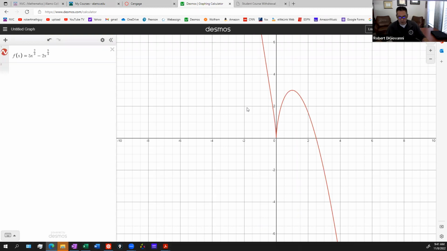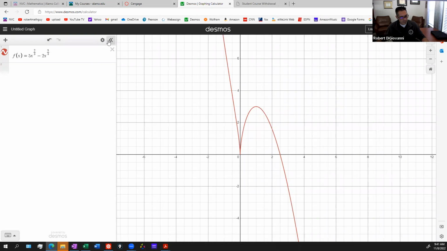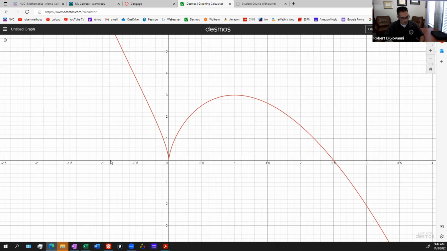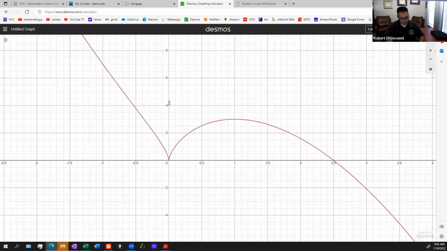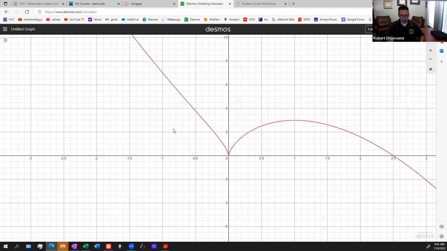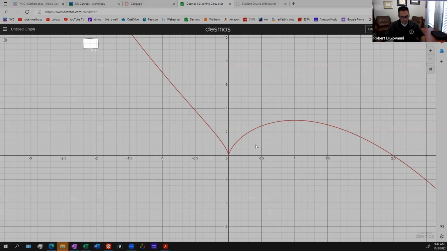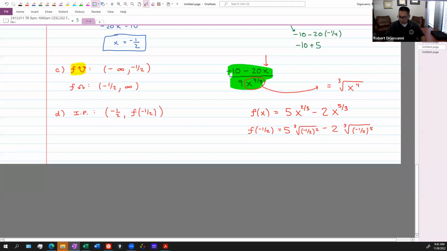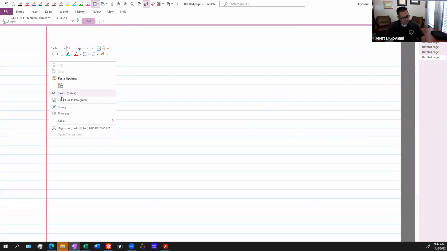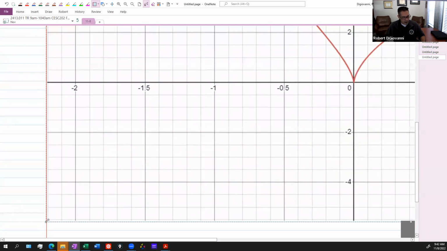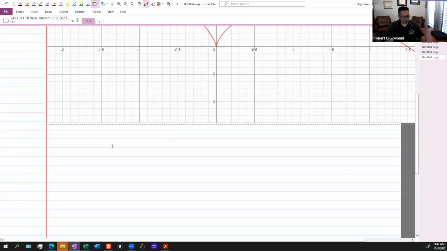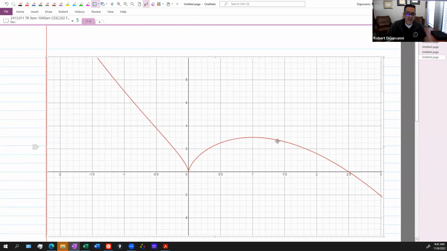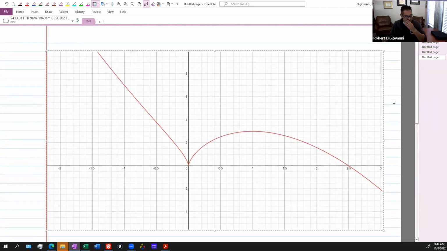Interesting graph. What I do like about doing this through Zoom is my ability to easily integrate things onto the screen. It's a lot better.